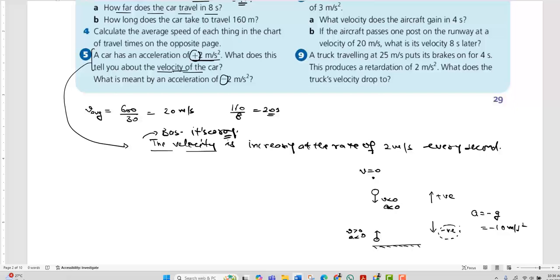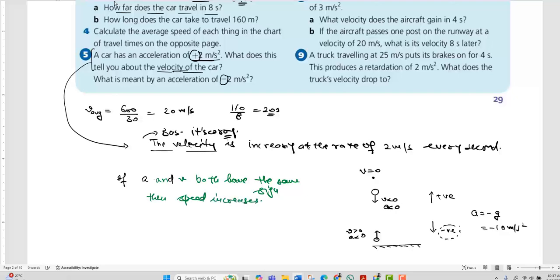So we will say that if A and V both have the same sign, then speed increases.